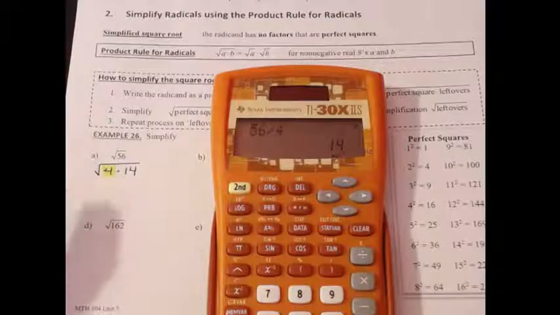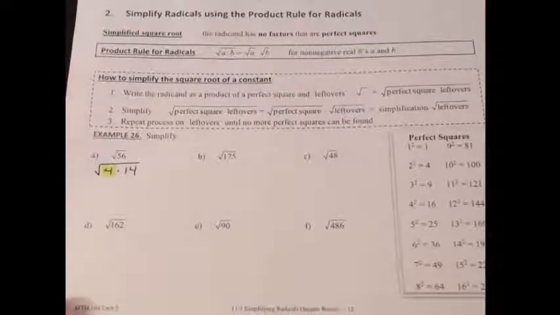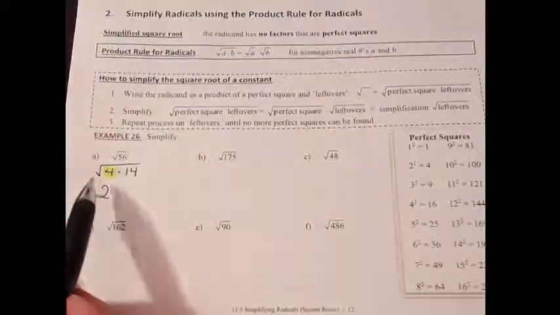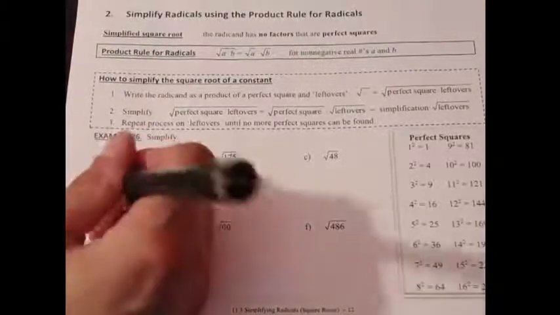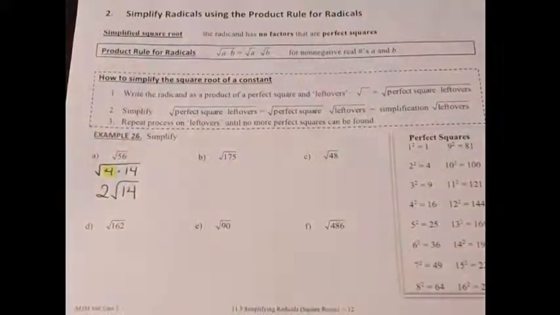Since I've highlighted the square root of 4, I can say, well, I know what the square root of 4 is. It's 2. But I still have the square root of 14, so I'm going to leave it. I cannot break down the square root of 14, so that's it. You're done. This is how you simplify a square root.